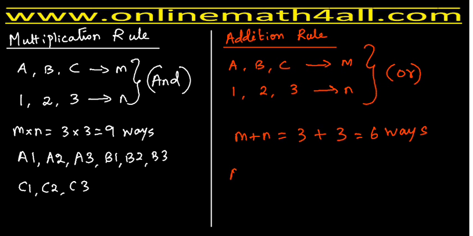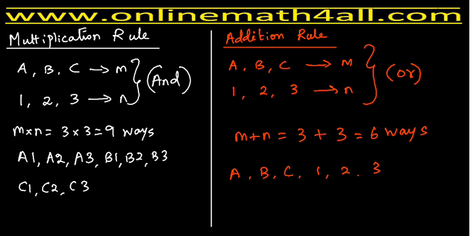So that is A, B, C, 1, 2, 3. Just count the number of ways. The student can go to school by bus with the name A, or with the name B, or with the name C, or the student can go to school by taxi with the number 1, or with the number 2, or with the number 3. So he has 6 ways in total to go to school.